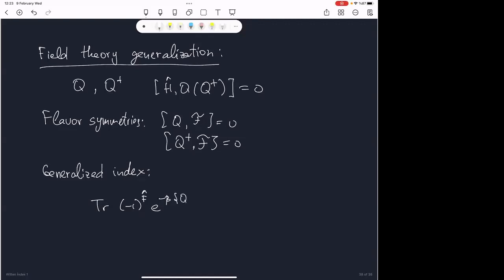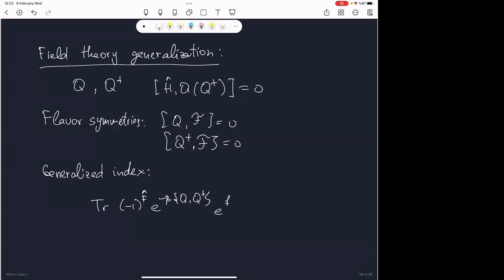Now, what you can do if you have some other symmetries which commute with the supersymmetric charge, this is important, is that you can add this charge here. So you can write e to the, let me write it, small f times F.